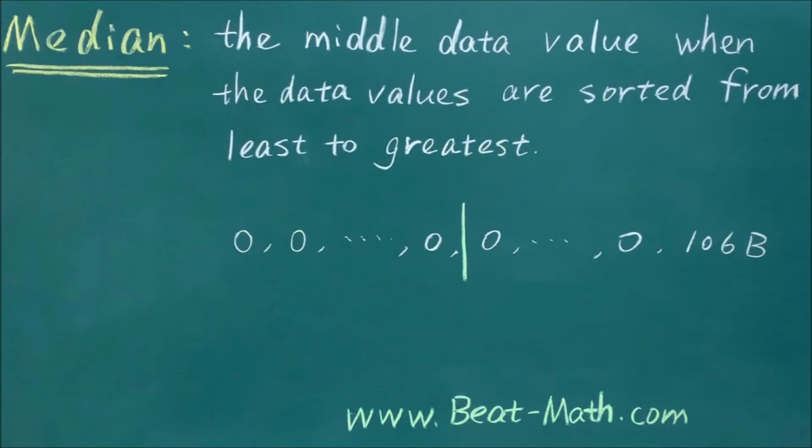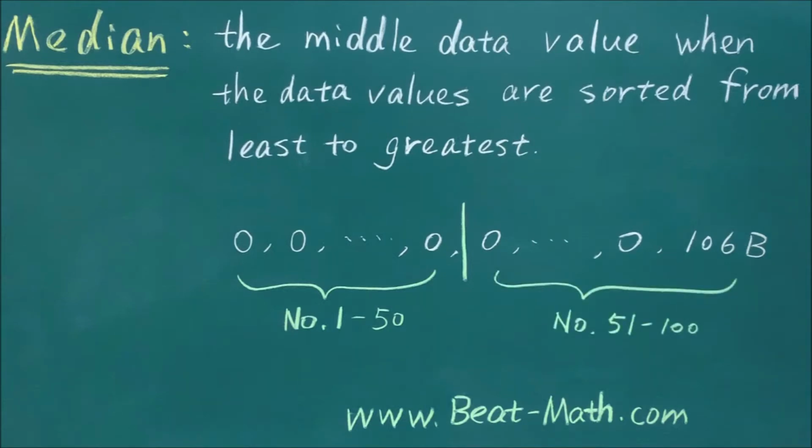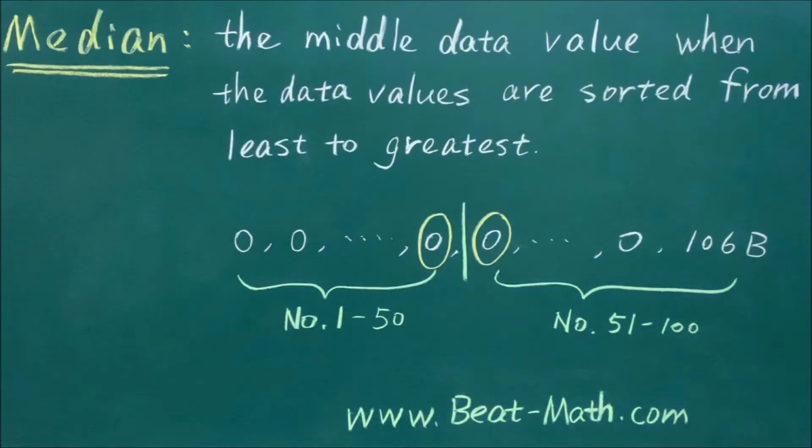The first group is from 1 to 50, the second group is from 51 to 100. Then we can see there are two numbers in the middle, number 50 and number 51. In this case, we take the mean of these two numbers, and that's the median. Because both numbers are 0, the median of the property is 0.